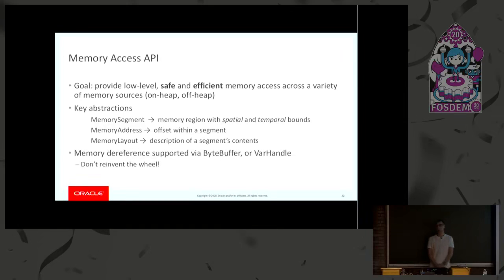You can, for example, take a memory segment and map it to a ByteBuffer. And then you can use the good old ByteBuffer API to get ints and floats and longs and never look back at segments ever again. Or if you want to reach lower level and you want to go down the VarHandle rabbit hole, you can actually create VarHandles that are able to dereference memory using memory addresses.